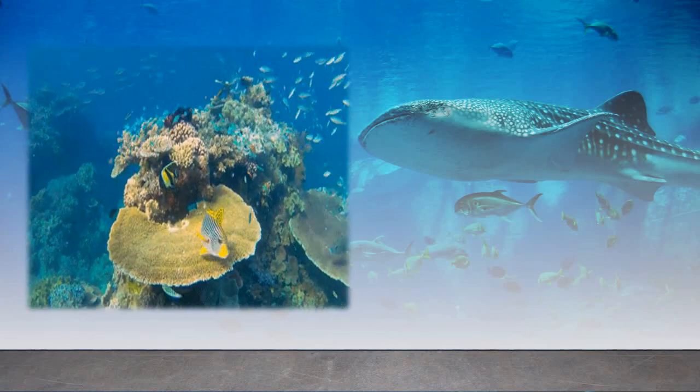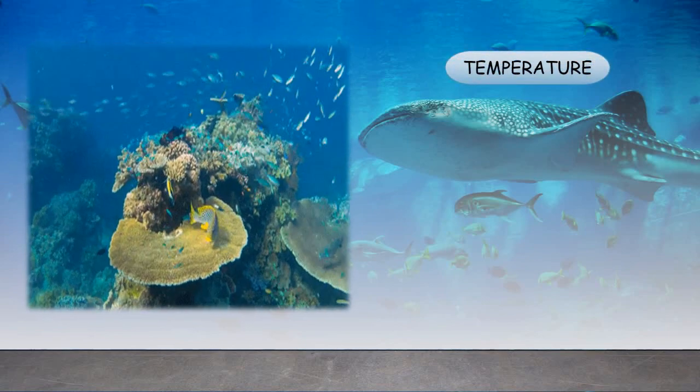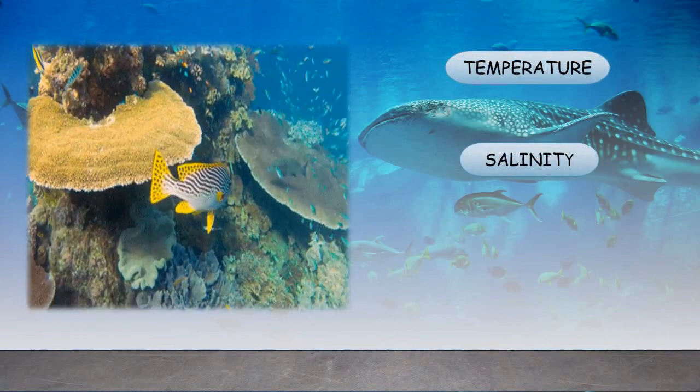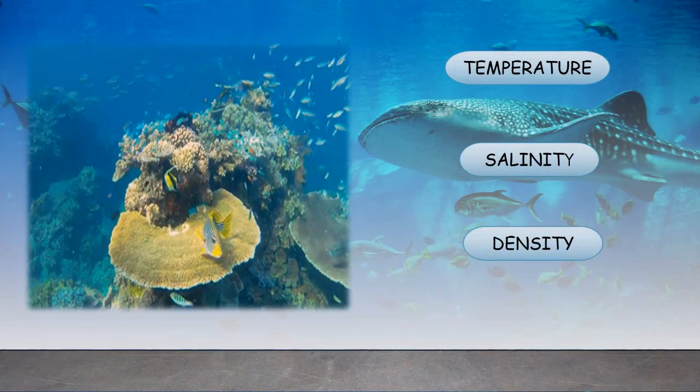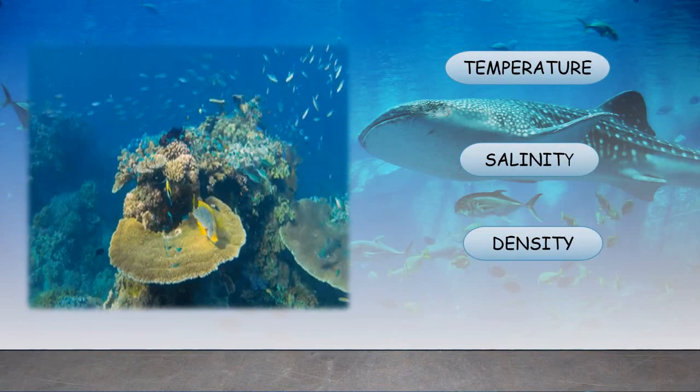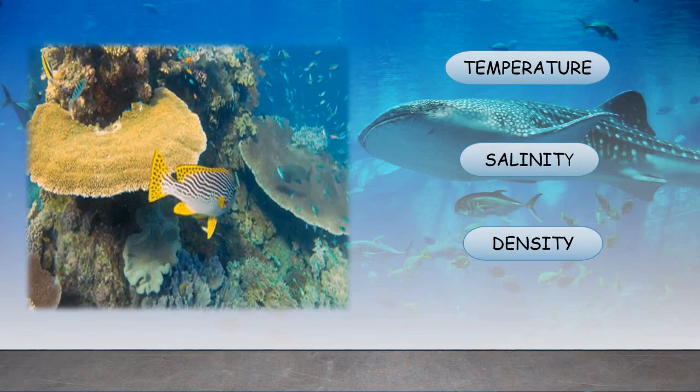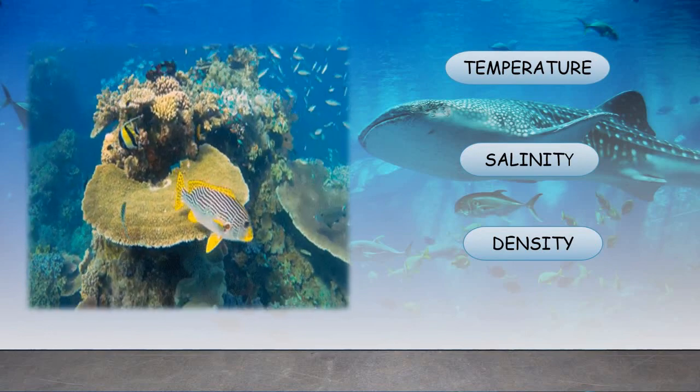These properties are temperature, salinity, and density. So, in this module 1, you will learn about temperature and salinity. So, let's begin our lesson number 6, the properties of seawater.